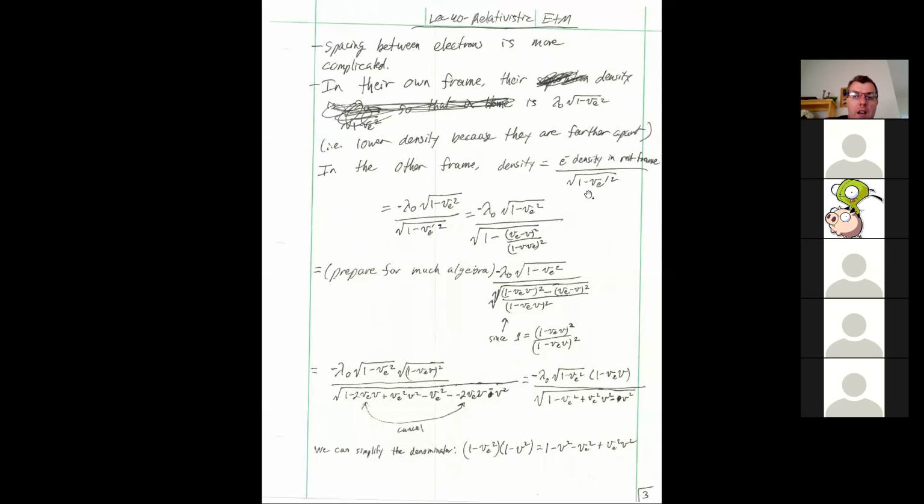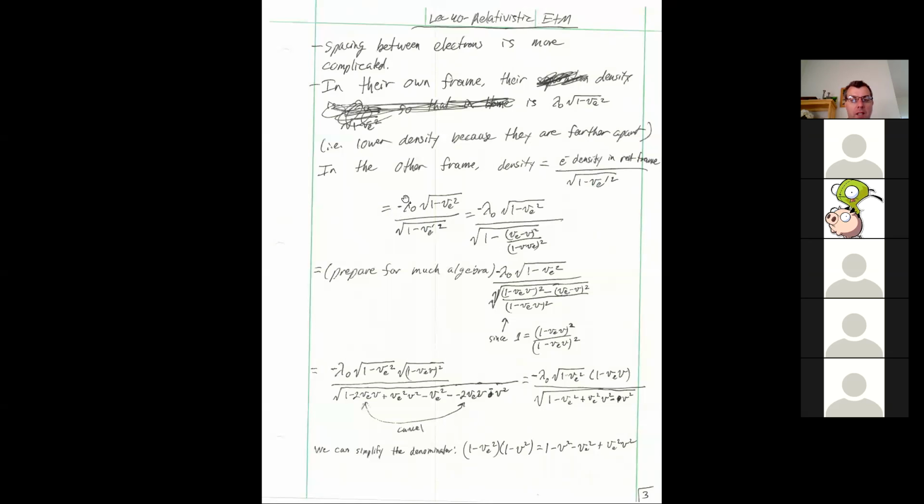In the frame of the test charge, their density must be whatever it would be in their own frame divided by this factor, where this is VE prime. This is the speed of the electrons relative to the test charge, because it's the test charge that's observing. So we're going from the density in their own frame to the density in the frame of someone who sees the electrons moving at VE prime.